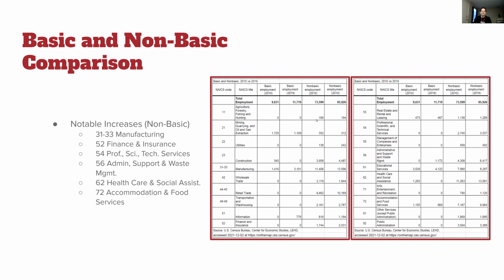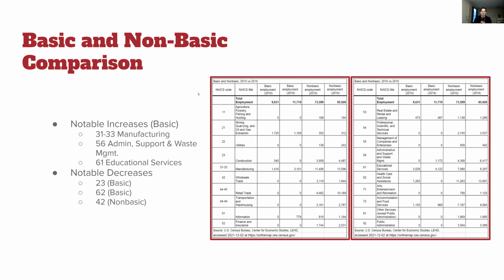Comparing basic and non-basic employment, Tuscaloosa had notable increases in several different non-basic or local industries. And there were a few increases in basic or non-local industries as well. And then only three significant decreases in number of employment across all industries.